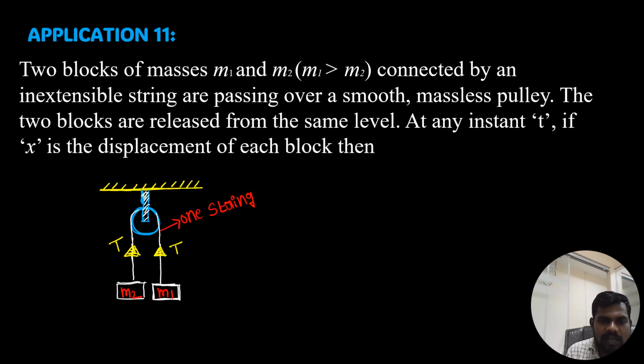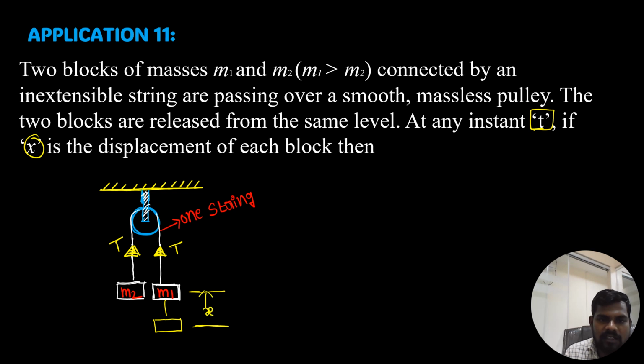Continuously this M1 is going downward, but he's telling at any instant, maybe that time is equal to 1 second or 2 seconds or 3 seconds, whatever it is, but a particular instant of time, the displacement is moving. So the block is moving down this much in a particular interval of time. From center to center, the distance given in the application is x.